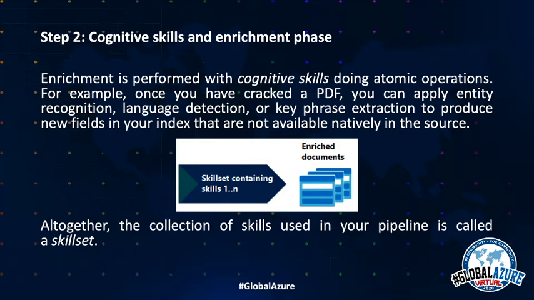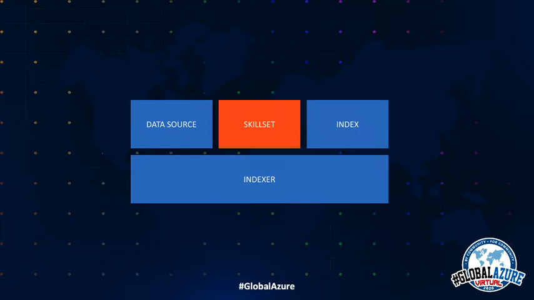The whole collection of skills that you use in your pipeline is called a skill set. The skill set is like the merge of all these elements. It communicates the data source, the indexer, and the index.